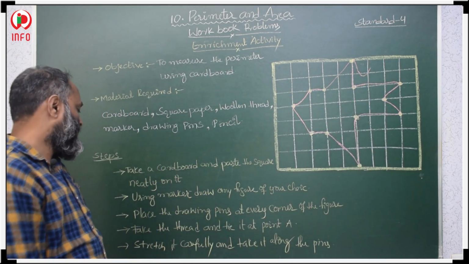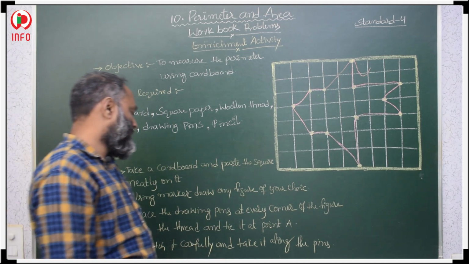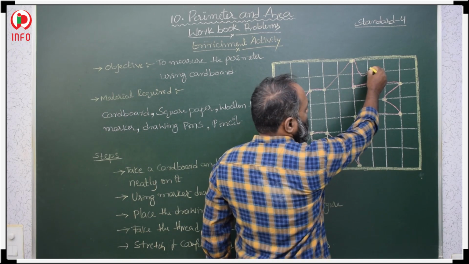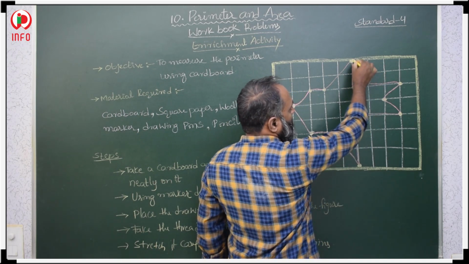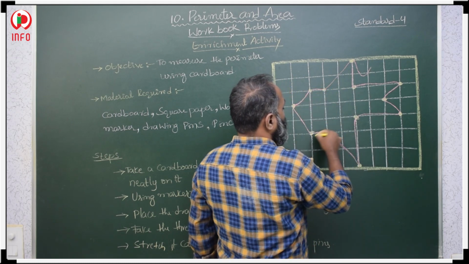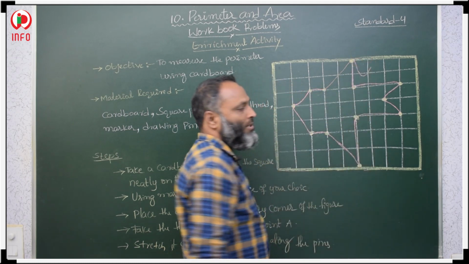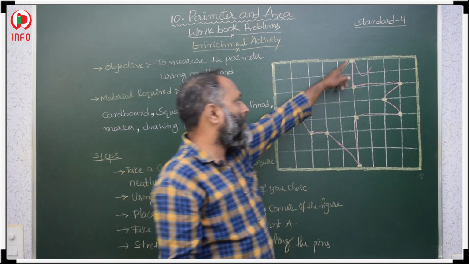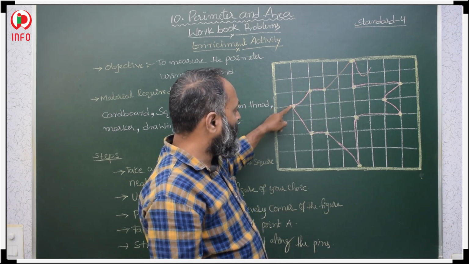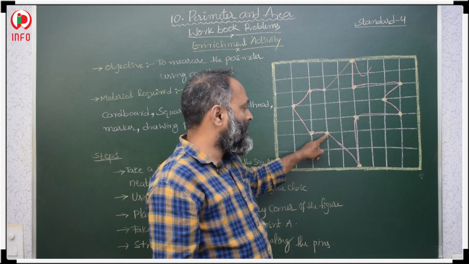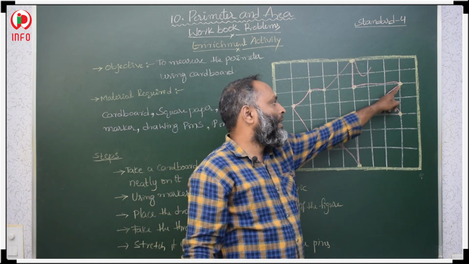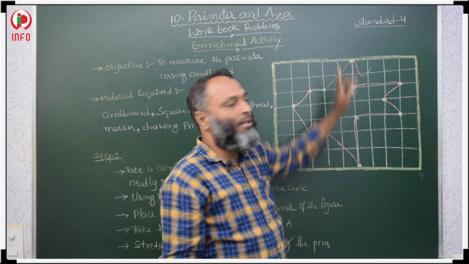Then after that, take a thread and tie it at a point. This is a thread. Take the thread and on the first point we tie first. Then again you tie at the second point, then third, fourth, fifth, sixth, seventh, eighth, ninth, 10th, 11th, 12th, again here 13th.